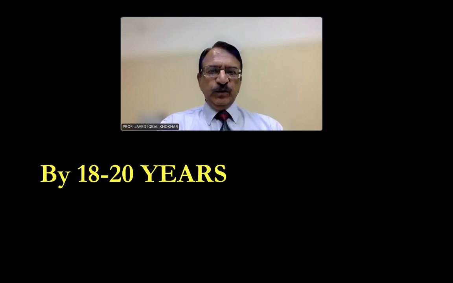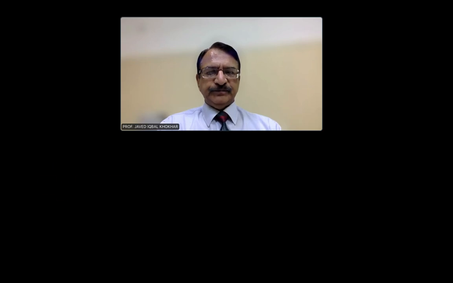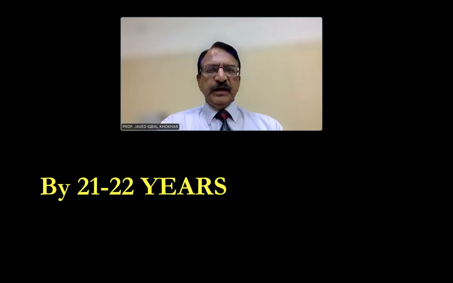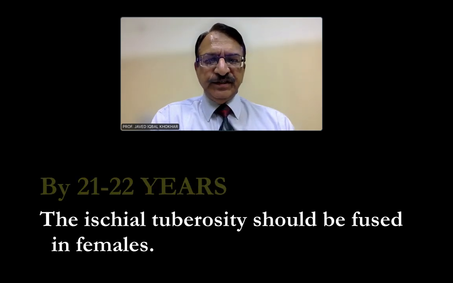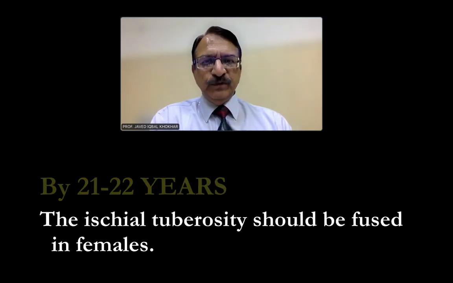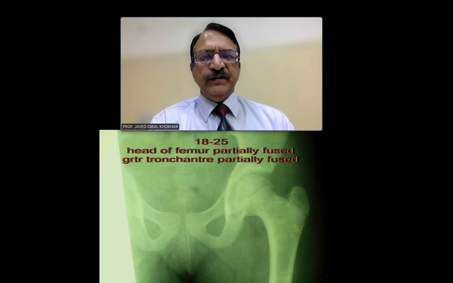By 18 to 20 years, all the epiphyses at the wrist, knee, iliac crest, and lateral condyle of the clavicle should be united. By 21 to 22 years, the ischial tuberosity should be fused in females. And this X-ray of the pelvis is between 18 to 25 years.